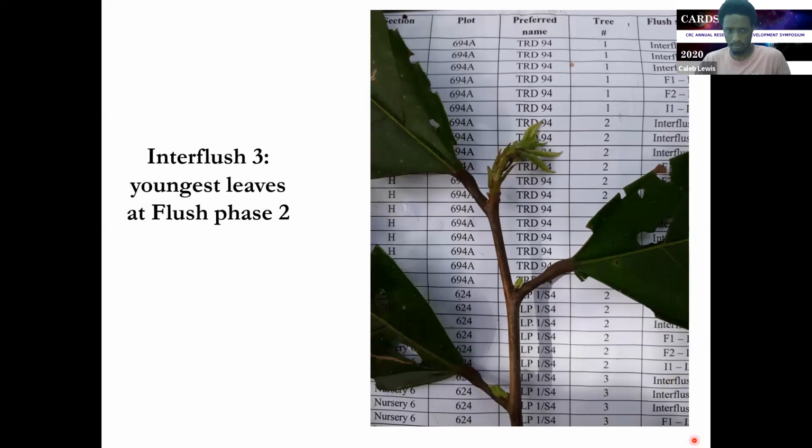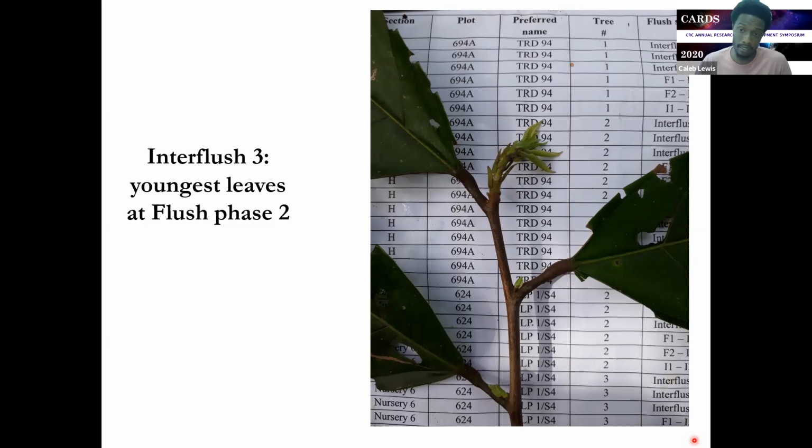So these are the interflush 3 at the flush phase 2. Flush phase 1 and flush phase 2 are the stages where you get most growth of the leaves. Flush phase 1 is when the apex starts to divide and you get new young leaves coming out. Once those leaves are open, they start the flush phase 2 part of the cycle.